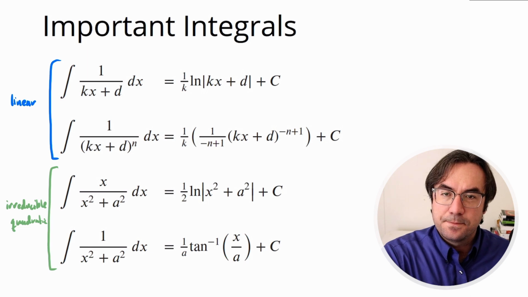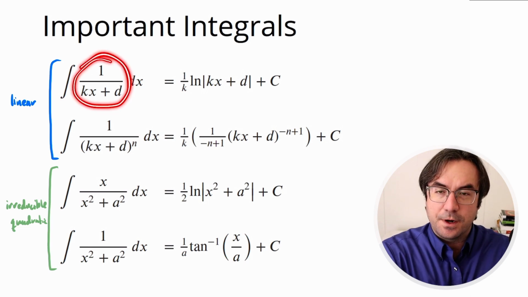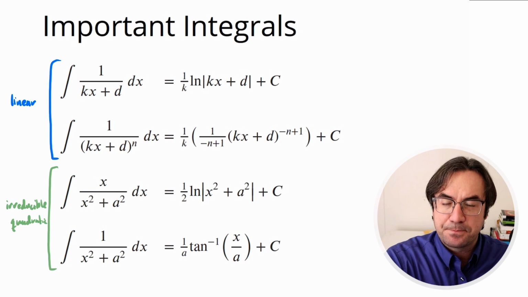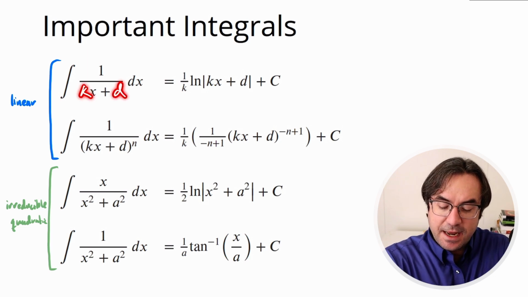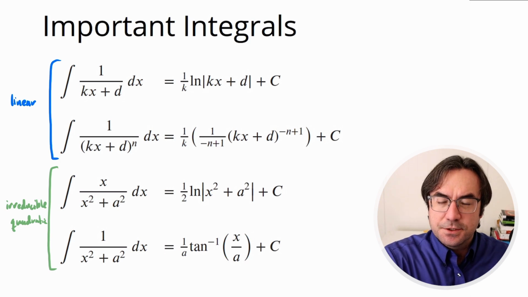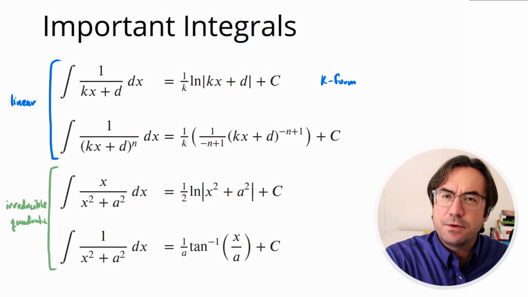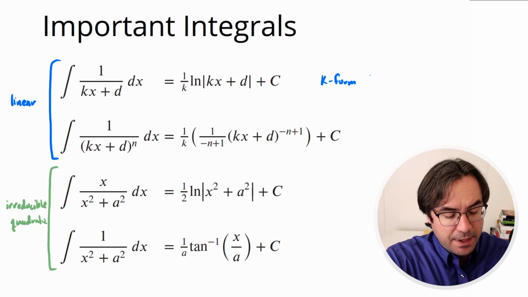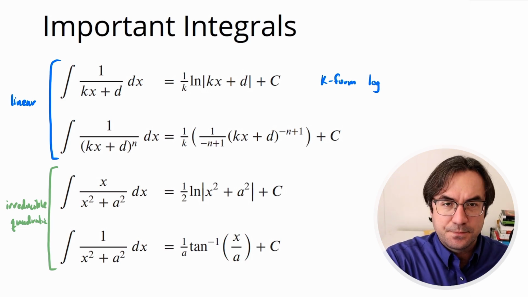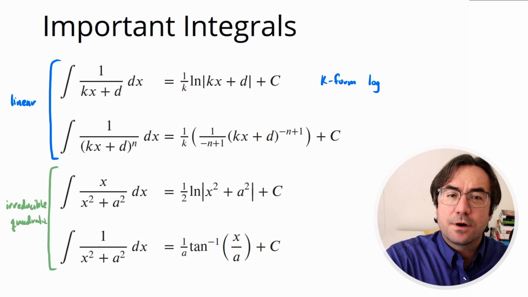All right, so let's start with the first one, 1 over kx plus d. So k here is a constant and d is a constant. This is actually just a k form. One I don't think we've really seen so far, but we're seeing it now. This is a k form for log functions.